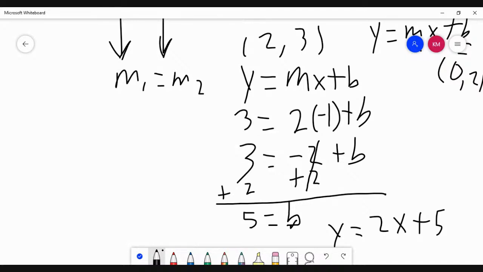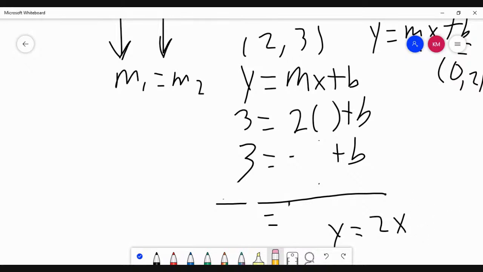What would that look like? What would be my y-intercept now? Well, instead of a -1, we're putting in a 2.